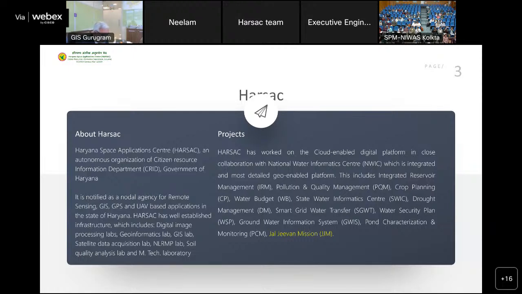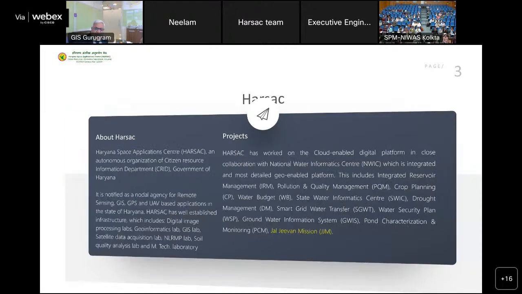Other applications include river basins, interlinking of rivers component analysis, reassessment of water availability across India using space technology, and NOCAP, EPAMS, AIBP, the Accelerated Irrigation Benefit Programme, and many other activities. We are working on those.